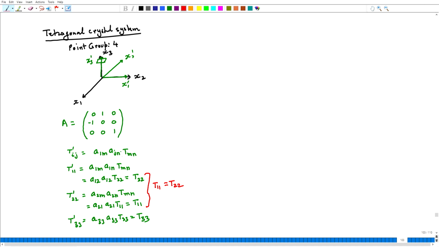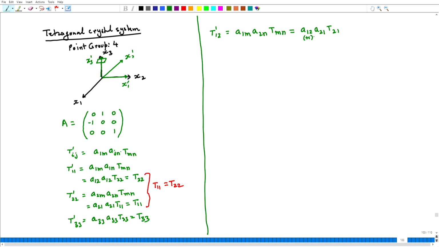So, now let us look at a few more. T prime 12 is a1m a2n tmn, this is equal to non-zero terms a12, a21, t21. Now, a12 is plus 1 and a21 is minus 1, hence this is equal to minus t21.